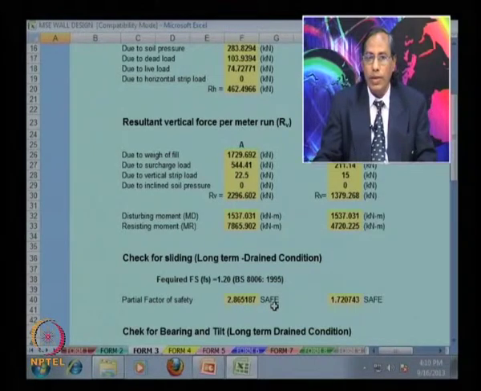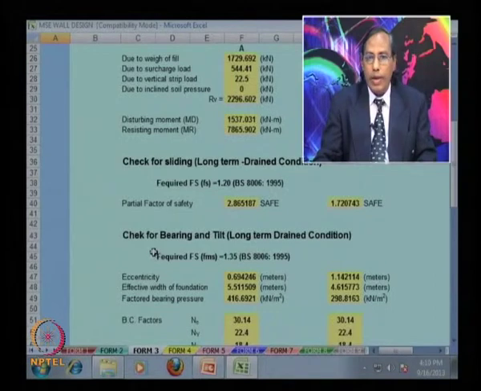If it is above that, then it is safe, and in case of B it is 1.720743, means it is safe. Check for the bearing and tilt. This is a long term drained condition. So you require a factor of safety of 1.35 as per BS 8006 1995.